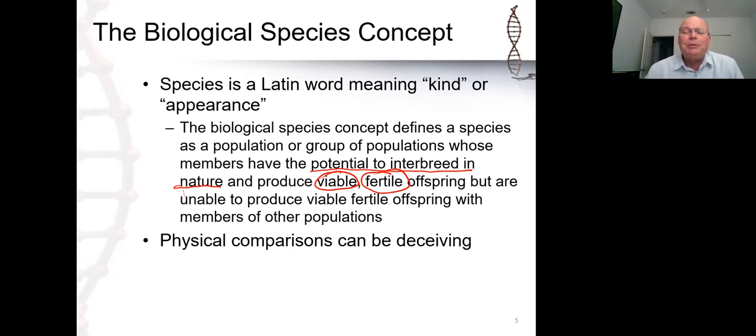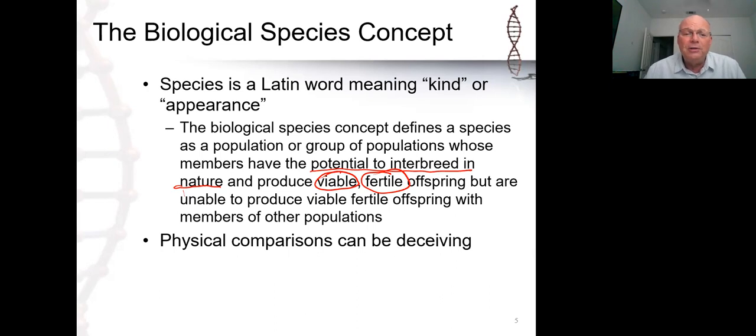They must survive to reproductive age or to sexual maturity, if you want to use another term. But that then also implies once they reach sexual maturity, the fertile part means that they must also be capable of actually leaving behind their own viable fertile offspring. As you'll see, we do need to apply both of those labels to the offspring of the individuals who have mated from the two separate populations.